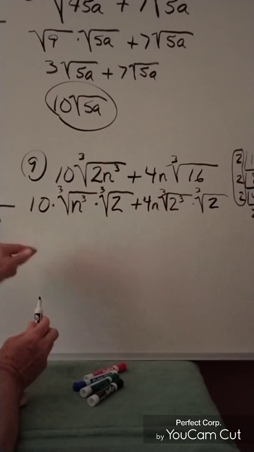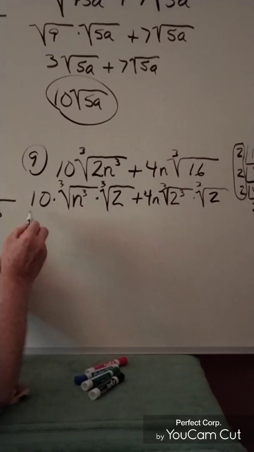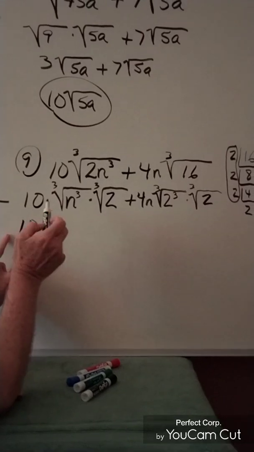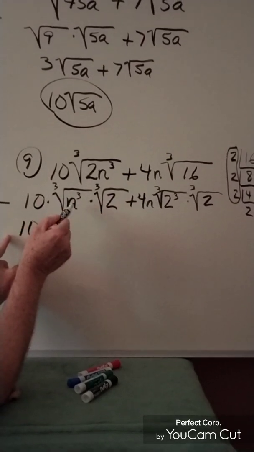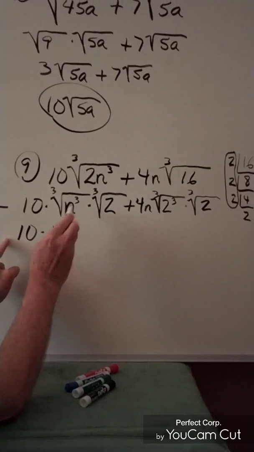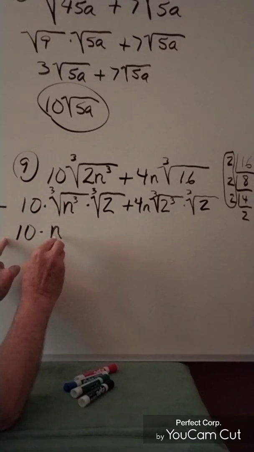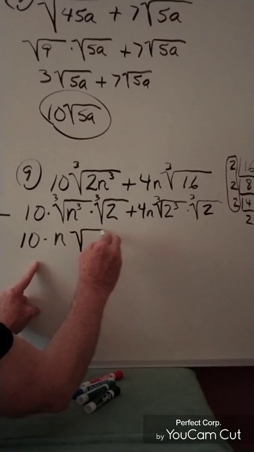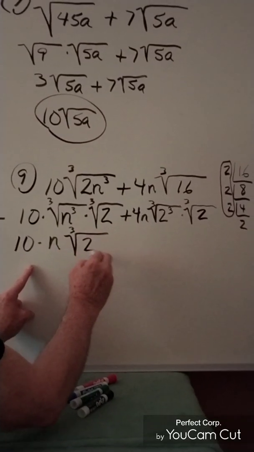Back to the beginning. Down. Down. The cubed root of n cubed. Bring down the n. 3 divided by 3. N to the first is simply n. Times the cubed root of 2.